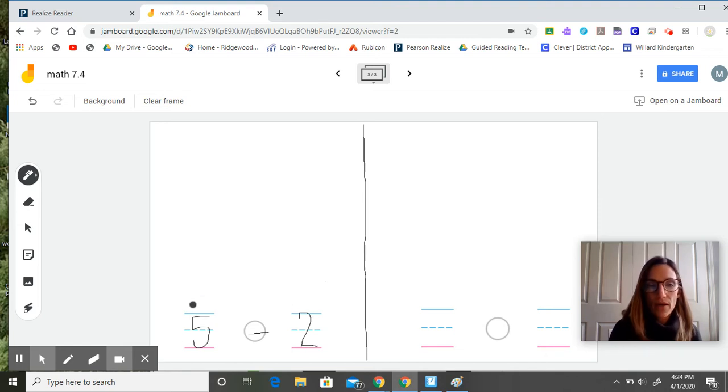So let's try that. The whole is 5, so we would draw 5 circles. And then you would have to take away 2, and we do that by just crossing them out. So this picture matches this problem that was already given to me.